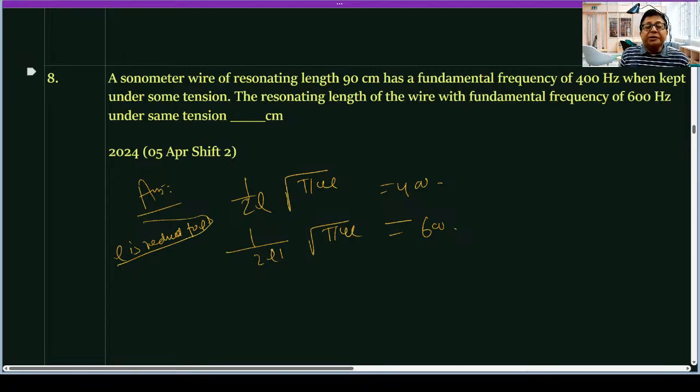This L dash you are going to find. Just divide equation 1 by equation 2, because the length is given as 90 centimeters.